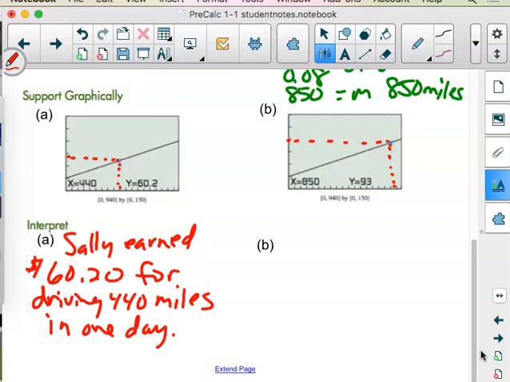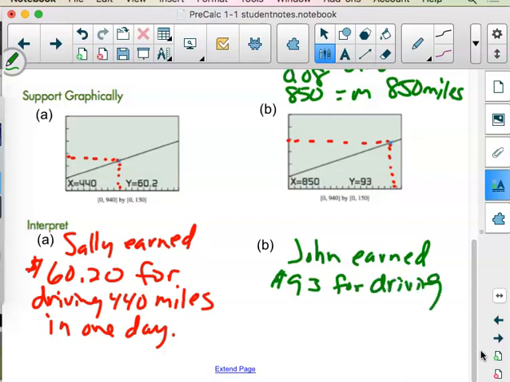And then for John, he was trying to figure out, well, how far did I drive if I got $93? So John earned $93 for driving, and his was 850 miles in one day.